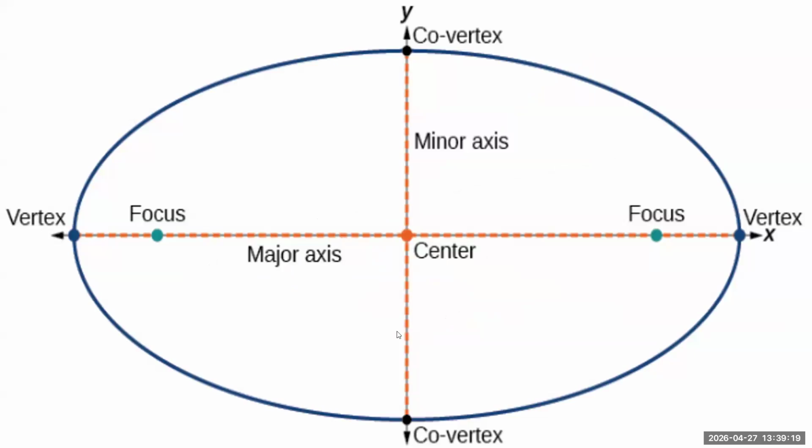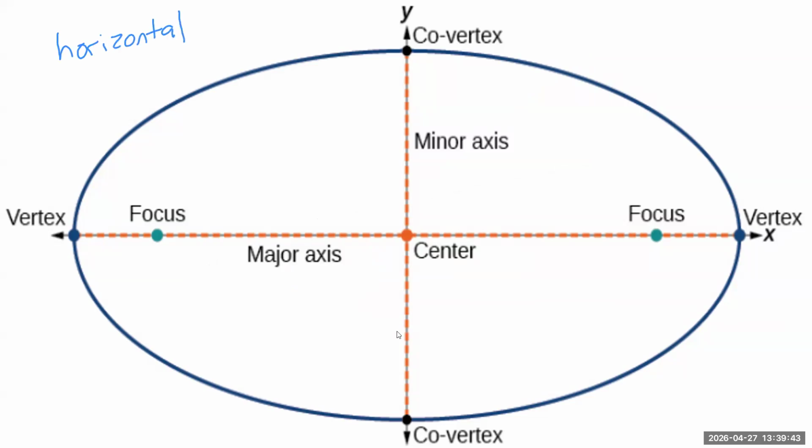All right, this is our overwhelming slide that, don't worry, you don't have to copy down, but it explains what all those things on your formula sheet mean. You're going to see pretty much all these words on your formula sheet. Now, this is specifically a horizontal ellipse.